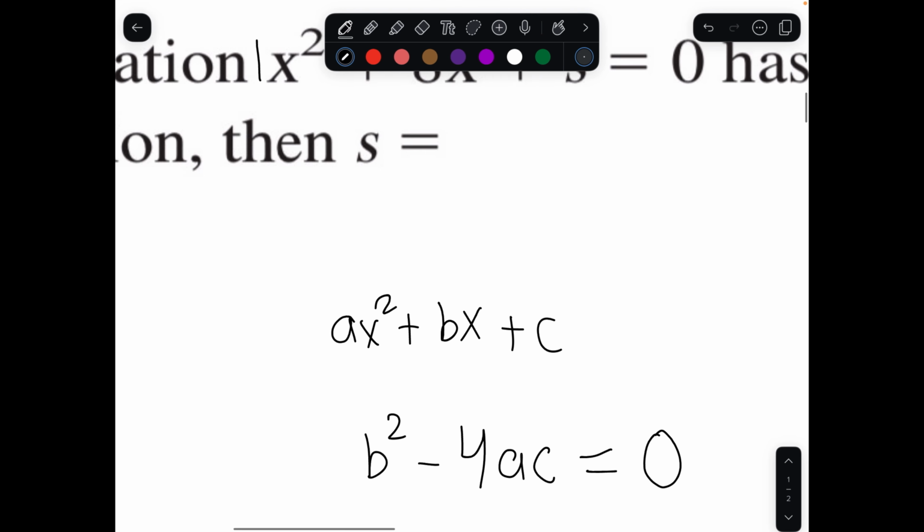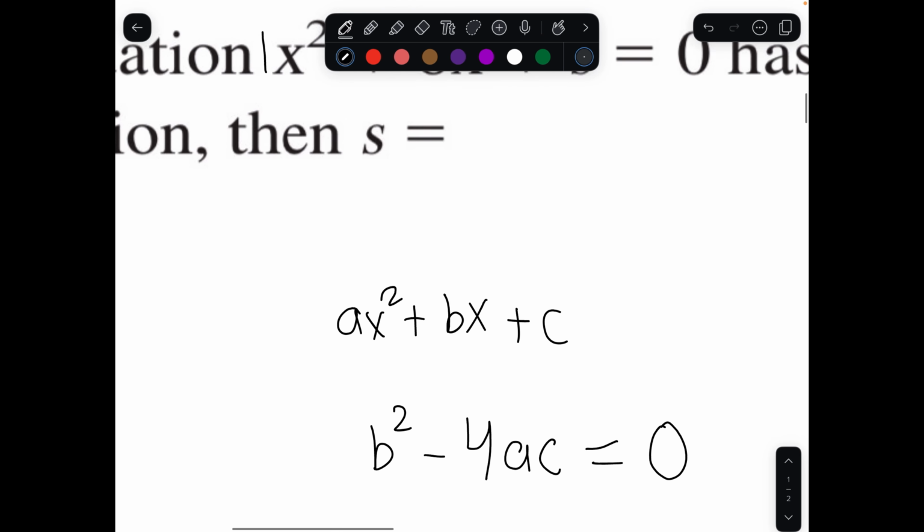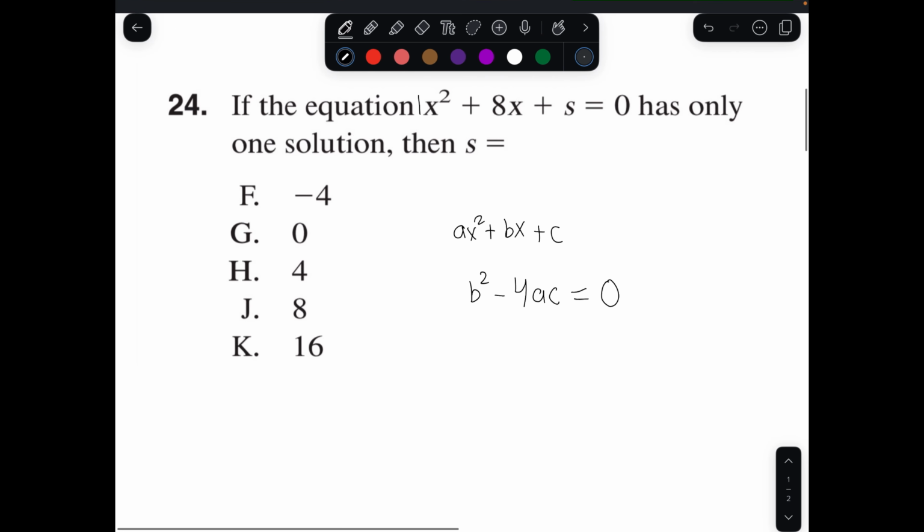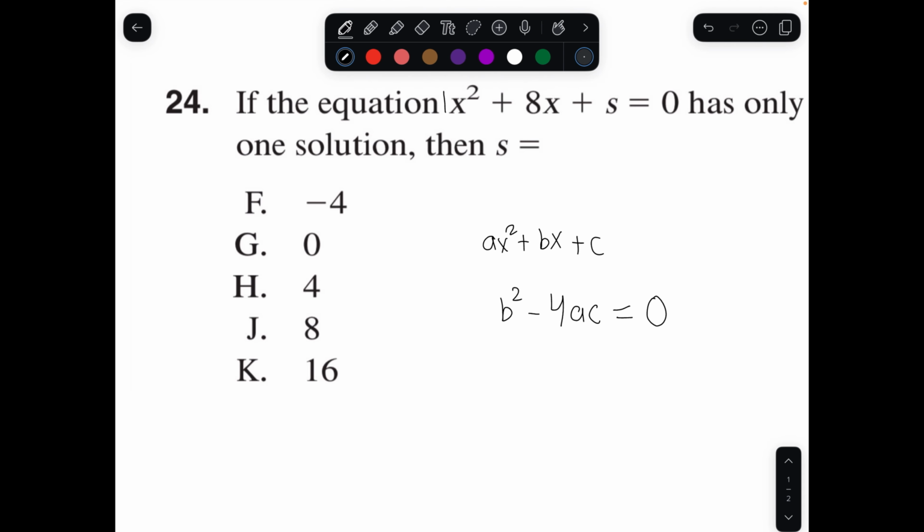So now we can replace a, b, and c. So 8 squared minus 4 times a, which is 1, times s, right? Equals 0.